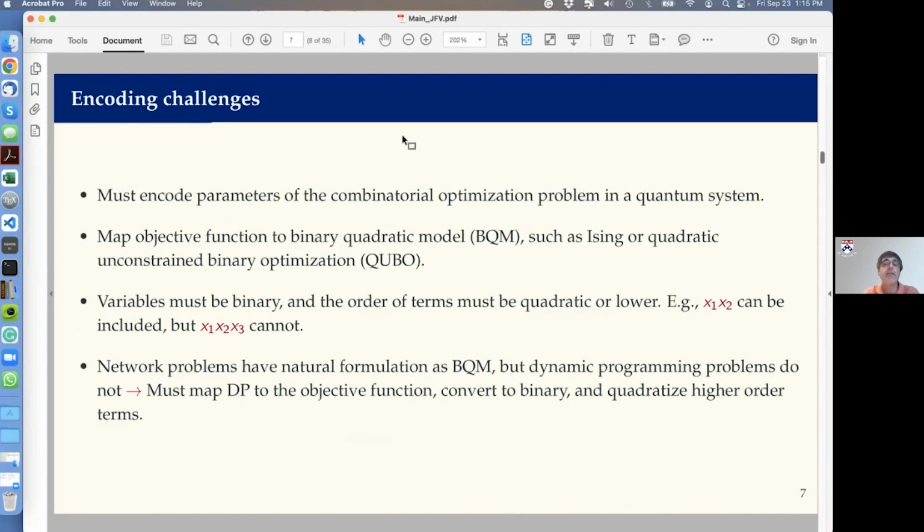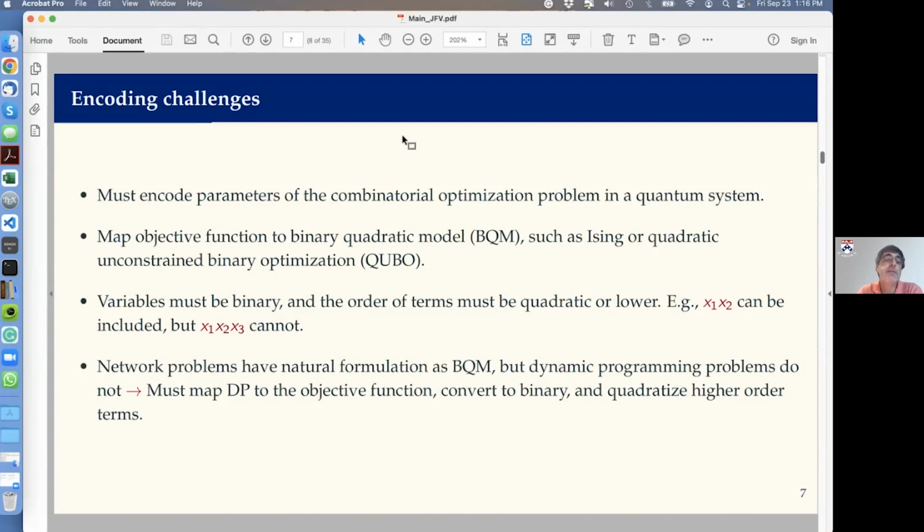I have been highlighting already that you need to encode this in the right way. And in particular, you must encode the parameters of the combinatorial optimization problem in a quantum system. And to do that, what you need to do is to map the objective function to a binary quadratic model, such as the Ising, or in our example, and don't worry, I'm going to tell you many more details later on, a quadratic unconstrained binary optimization, QUBO.